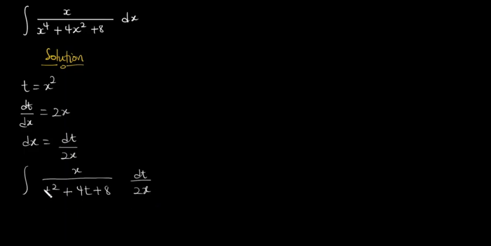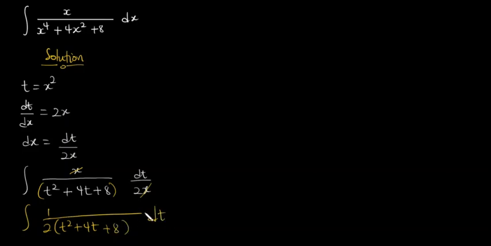Let me just put this in brackets. From here you can see that this x will cancel out this x, and at the end we are going to have the integral of 1 over 2 multiplying 1 over t squared plus 4t plus 8 dt.